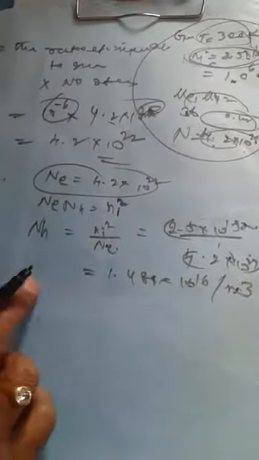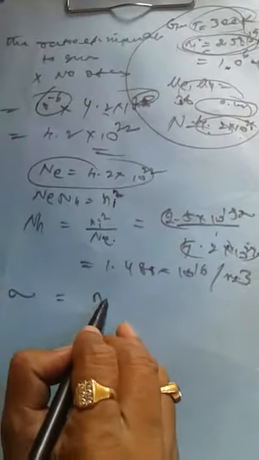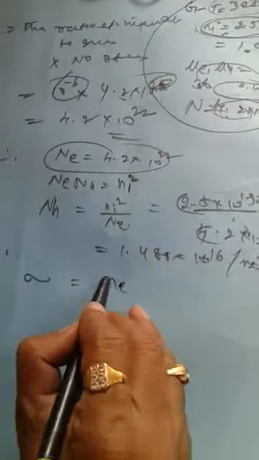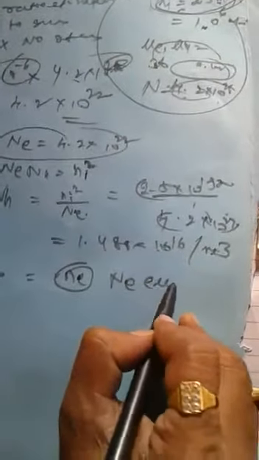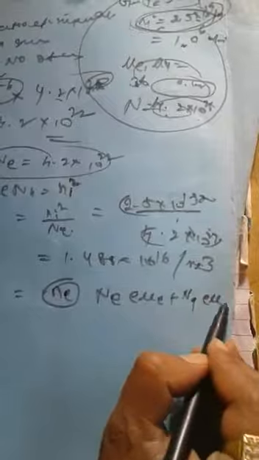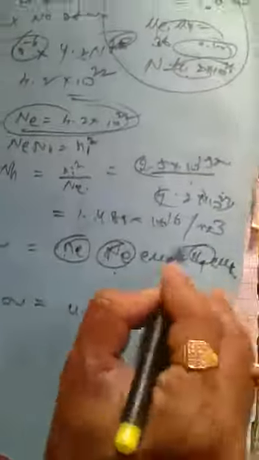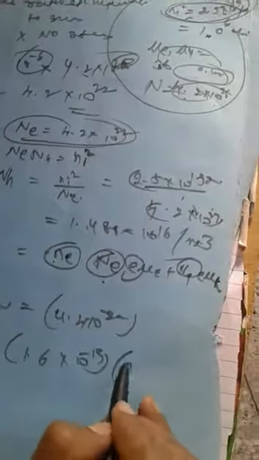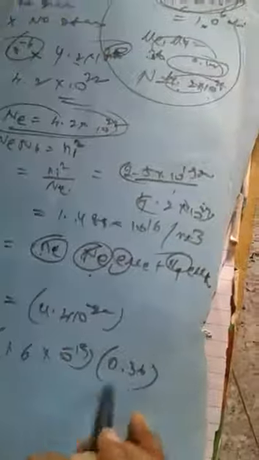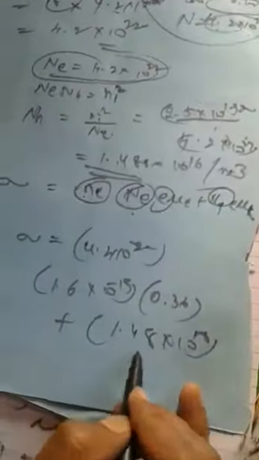Now, the electrical conductivity: what is the formula? We know that the electrical conductivity is given by the relation sigma equal to Ne into e into mu e plus Nh into e into mu h. Now the conductivity can be written as: Ne, the number of electrons, is 4.2 into 10 to the power of 22, taking e common, into 1.6 into 10 to the power of minus 19, into the mobility of electrons 0.36, plus 1.48 into 10 to the power of 16 into the charge 1.6 into 10 to the power of minus 19 into the mobility of holes 0.18.